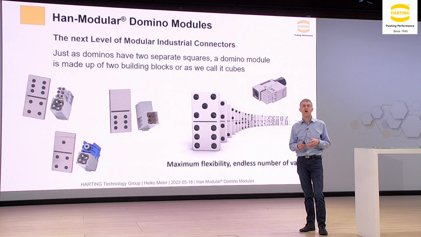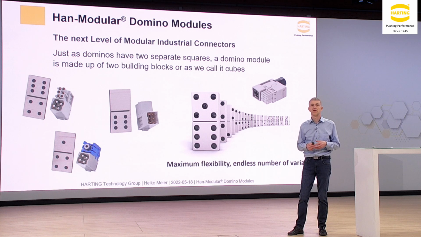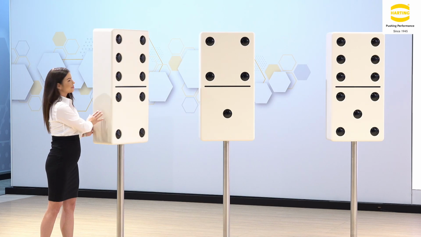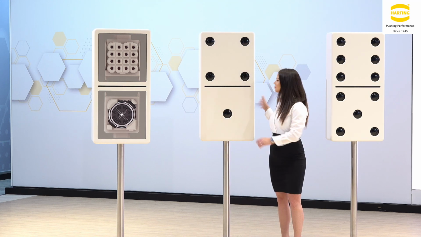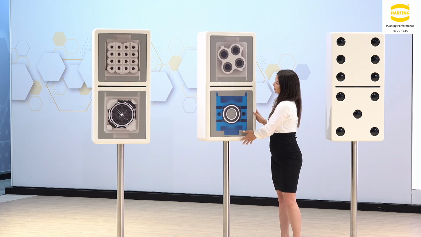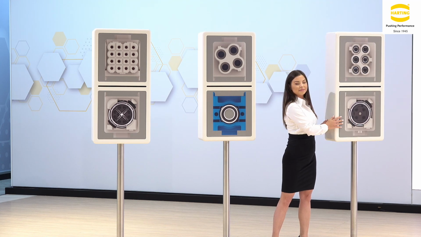And how they are in real life, our colleague Maria will show now, how a domino looks from our point of view. So if you look behind a domino cube, you can see a similar solution with our connections.